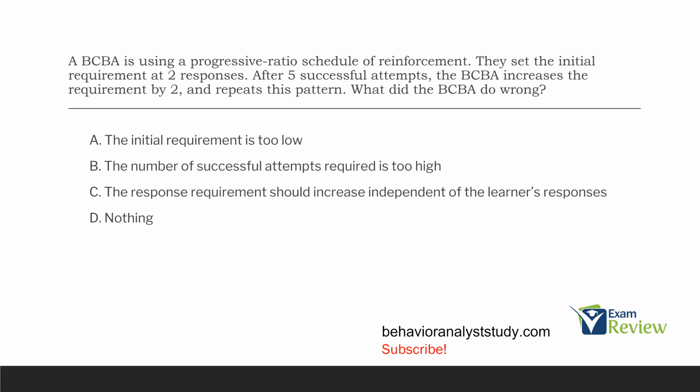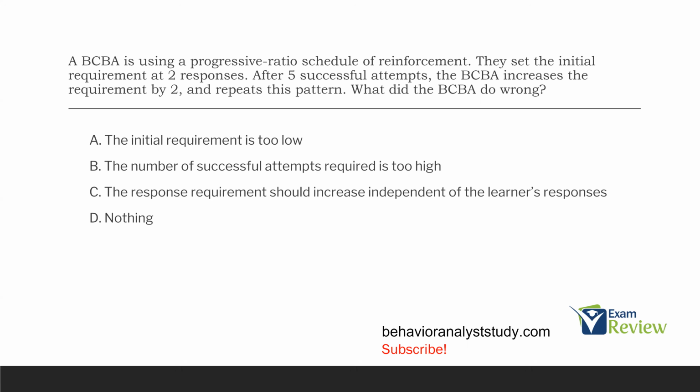The progressive ratio schedule of reinforcement is one of the most misunderstood things I teach, and I tutor and talk about it with students. When you see progressive ratio schedule of reinforcement, most people's first thought is, well, I'll slowly increase the response requirement as the client responds more and more, essentially fading out the reinforcement.